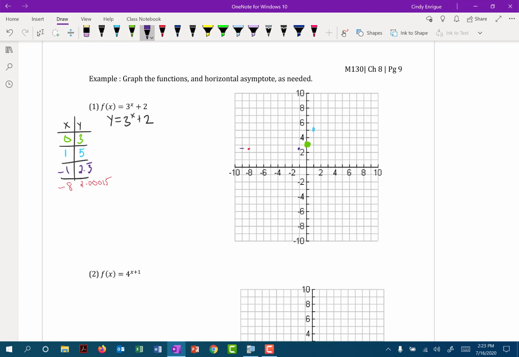So now I know that my graph is going to look like this, more or less. My asymptote is going to be right at 2. You can also tell that whatever is added or subtracted from your exponential function will be your asymptote.